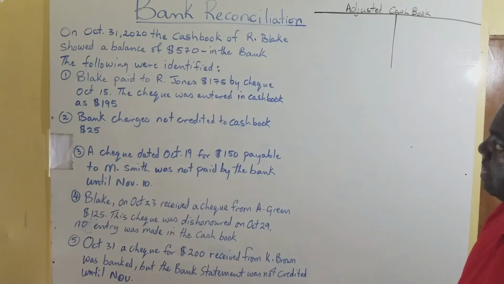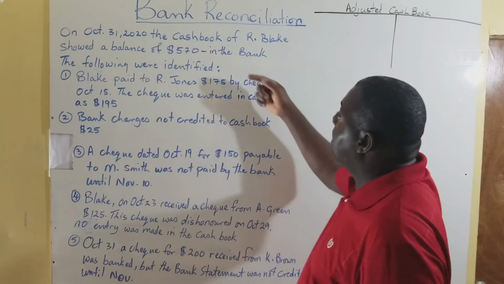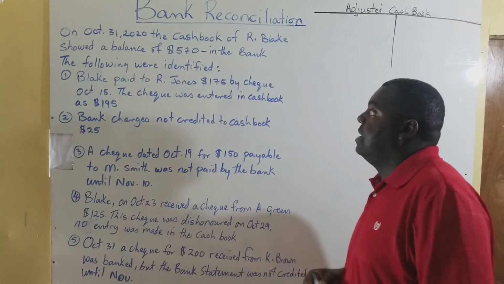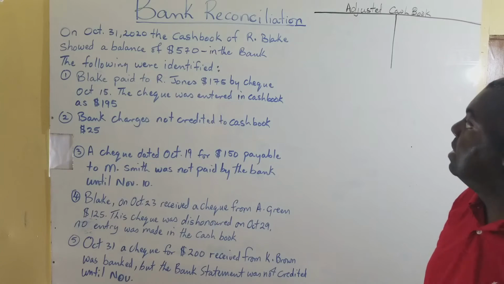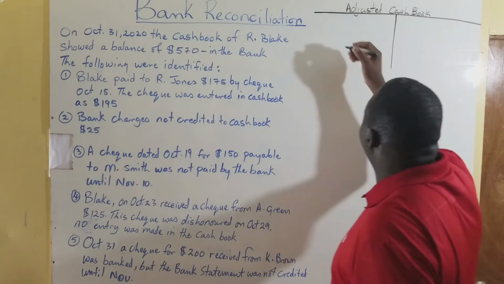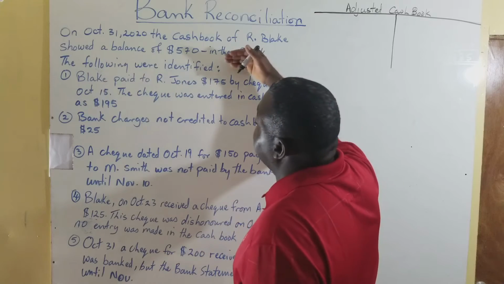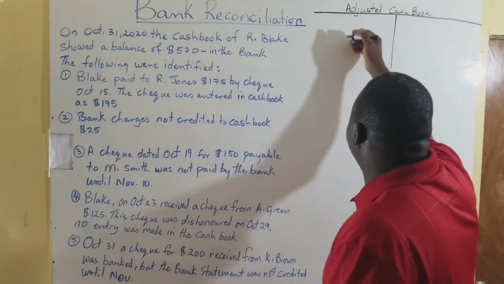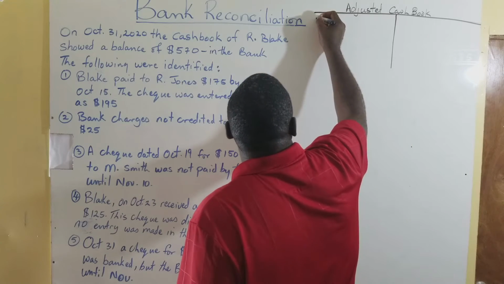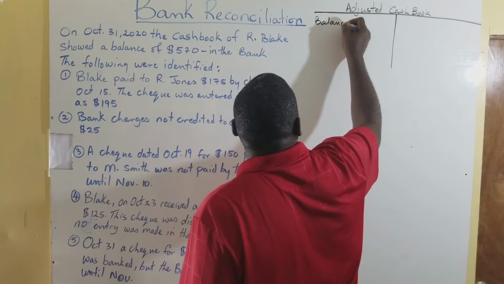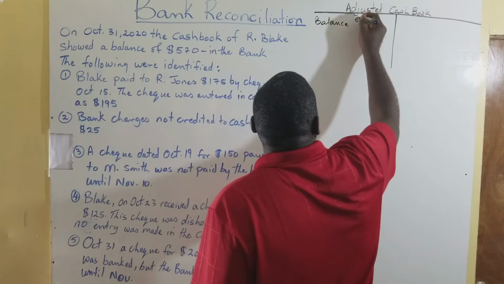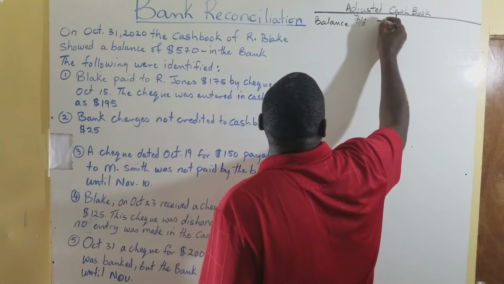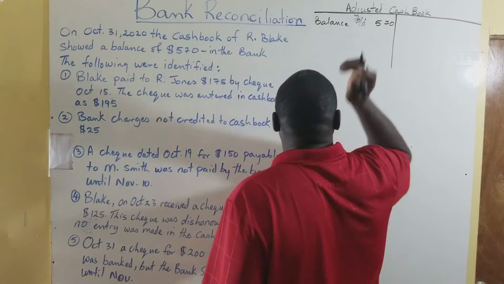In the situation that we have here, we are told that the balance in the cash book is $570. So we will put in the balance. Because it is a balance, it would be an asset, and so it would be on the debit side. So it's going to be balance brought down, 570.